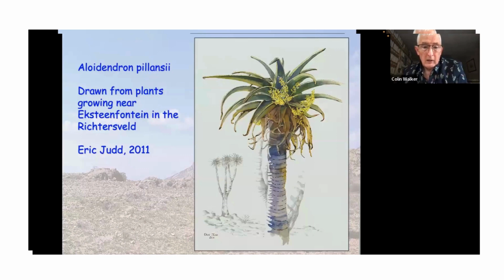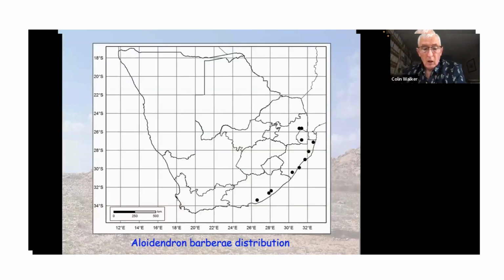And here is another image by Eric, also from the Tree Aloe book. Right. We've now switched to the eastern tree aloes, Aloidendron barberae. It's got quite a wide distribution along the coast. For our paper in 2019, we did quite a lot of research on herbarium specimens, and it turned out that records for Mozambique were not this species.